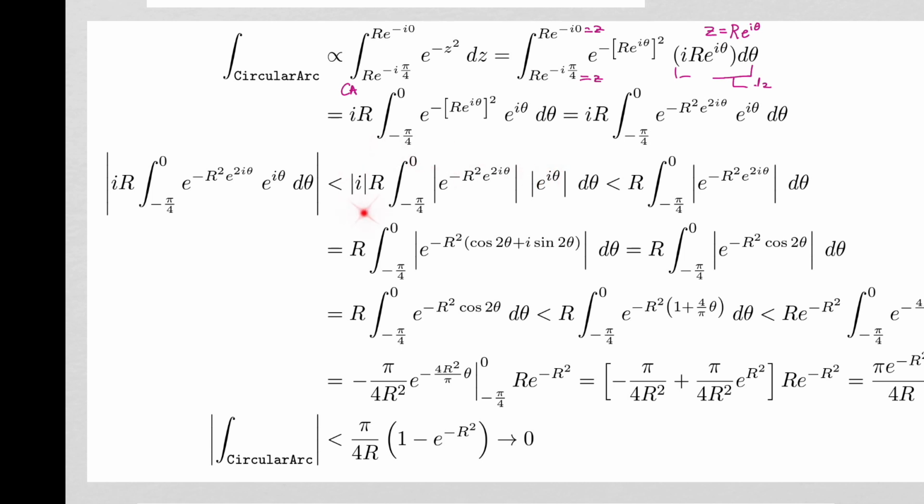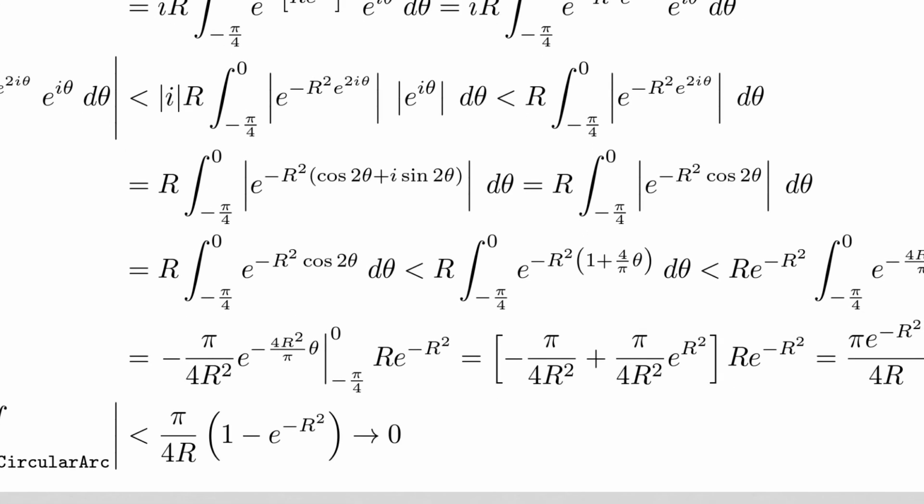So this whole thing is less than this integral of this magnitude. So I have to work on what is this magnitude, right? What is the magnitude of e to the minus r squared e to the 2I theta? And the process is actually oddly easy from this point. Well, the next few steps are easy, right? I substitute Euler's expression for e to the 2 I theta.